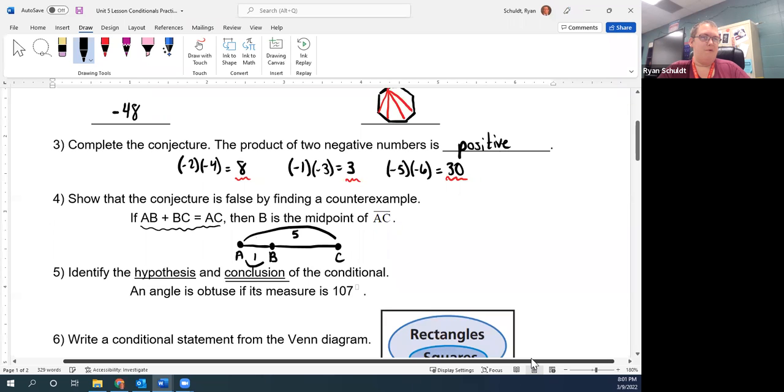AB we're going to say is 1. BC is 4. Well, if AB is 1 plus BC is 4, that gives us 5. This is true, but is B the midpoint? No, B is not in the middle. So that makes this statement false. This picture is good enough to be our counterexample.